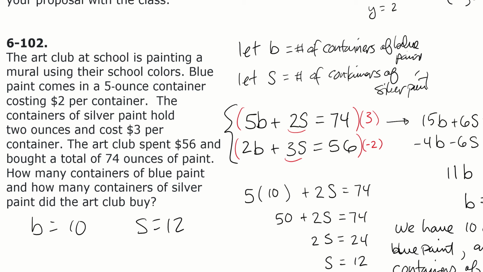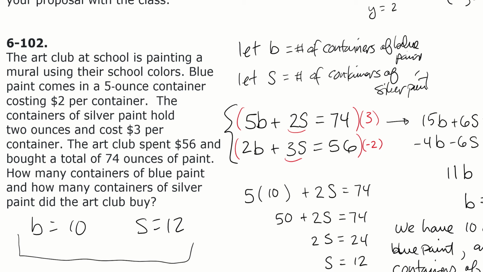And for the second equation, 2 times 10 plus 3 times 12 should be 56, and it is. And of course I was doing that off screen with my calculator, just plugging those in and verifying that this solution satisfied the equation.